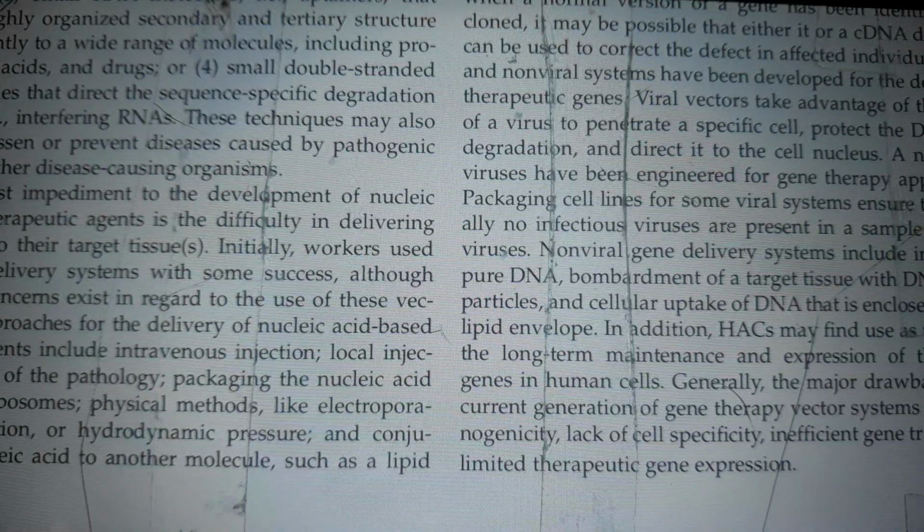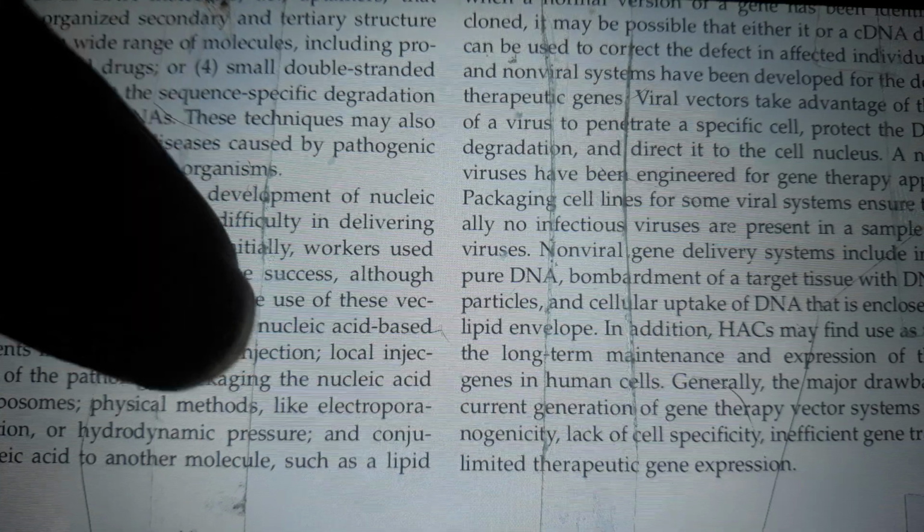Viral and non-viral systems have been developed for the delivery of therapeutic genes. Viral vectors take advantage of the ability of a virus to penetrate a specific cell and to protect the DNA from degradation, delivering it directly to the cell nucleus. A number of viruses have been engineered for gene therapy applications.